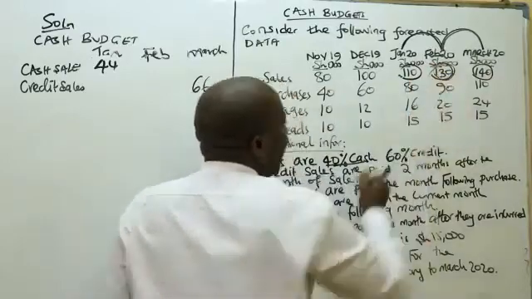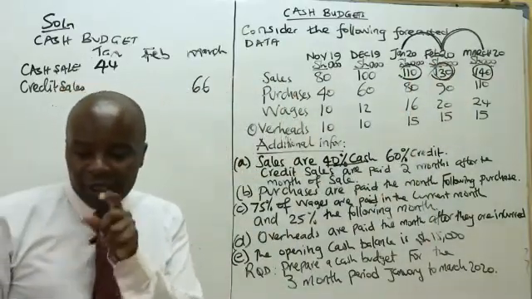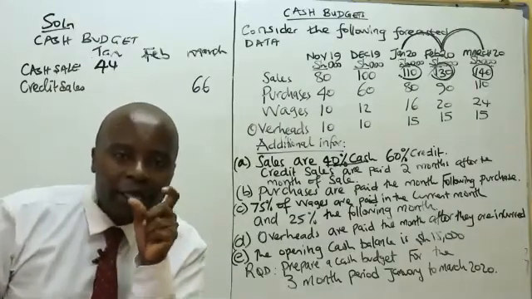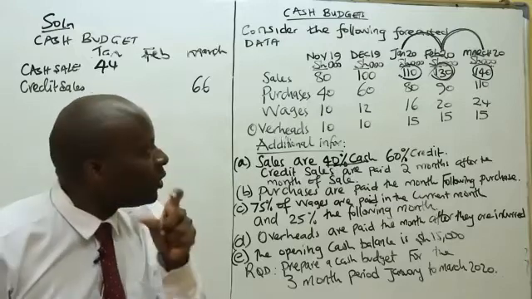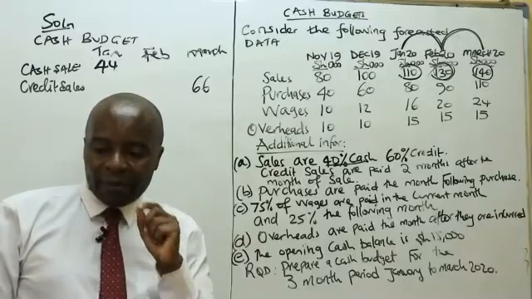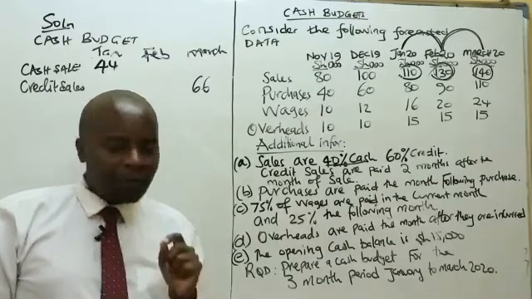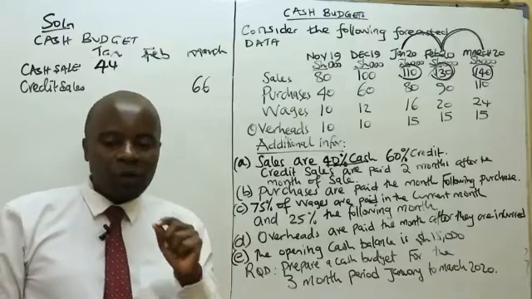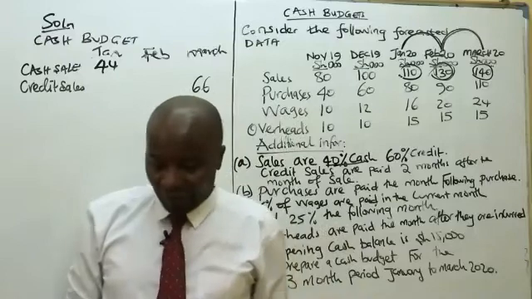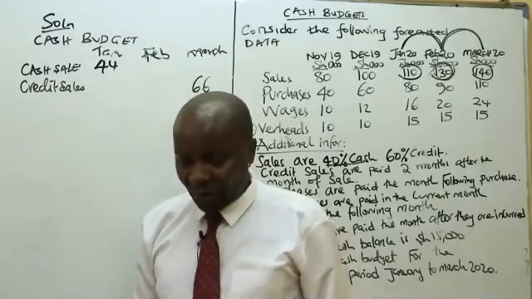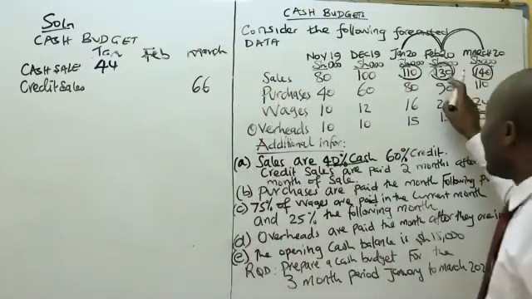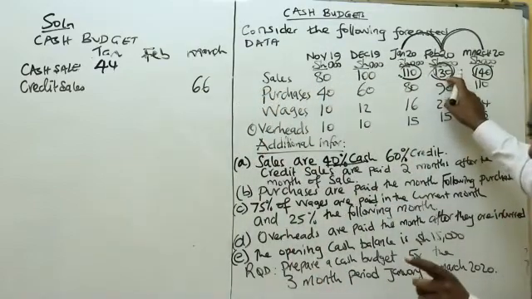February, I can see the sale was 130. So I'm interested in the cash sale, 40% of 130. 40% of 130 will give us how much here, somebody? Even if you had given me the answers earlier on, I told you we should just get started there.